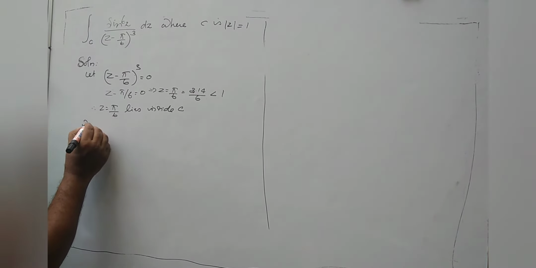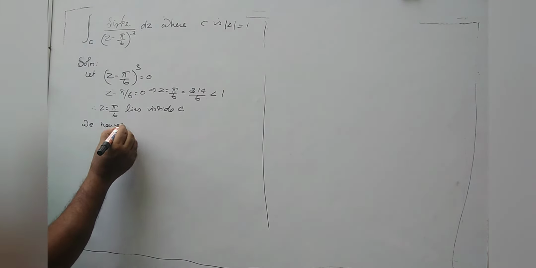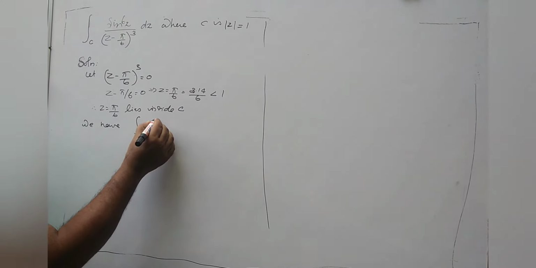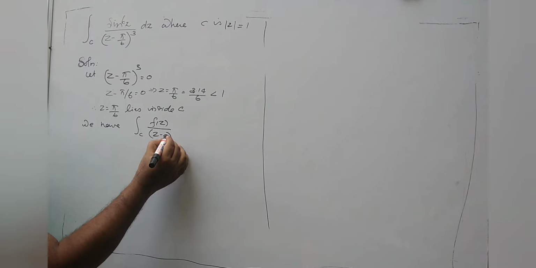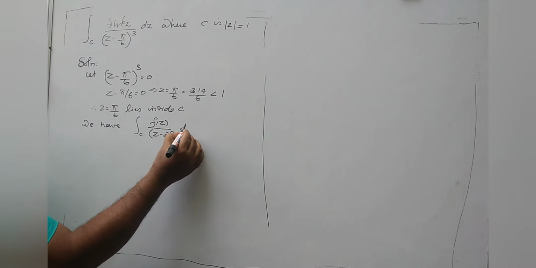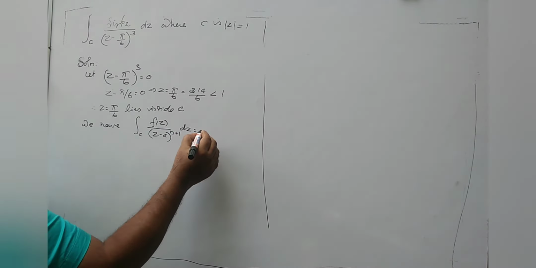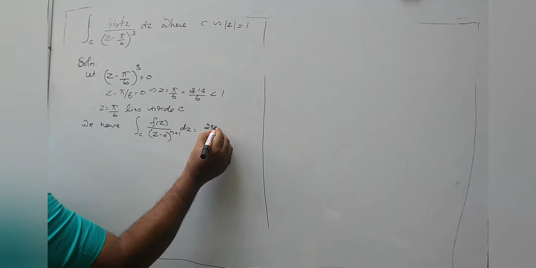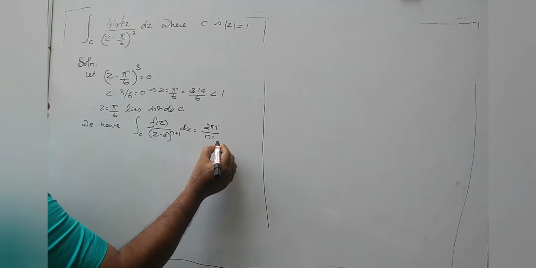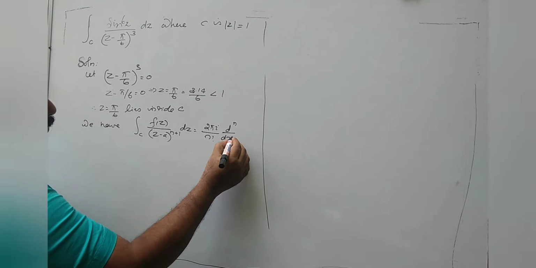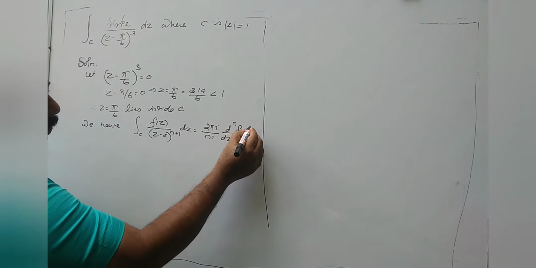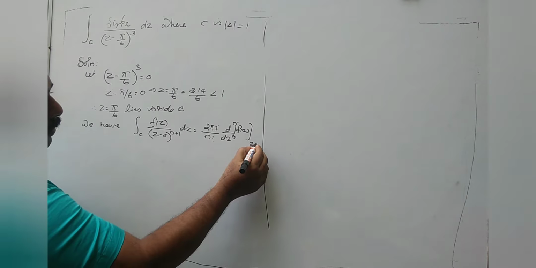Therefore, we have the integral over C of f of z by (z minus a) whole power n plus 1 dz is equal to 2 pi i by n factorial into d power n by dz power n of f of z at z is equal to a.